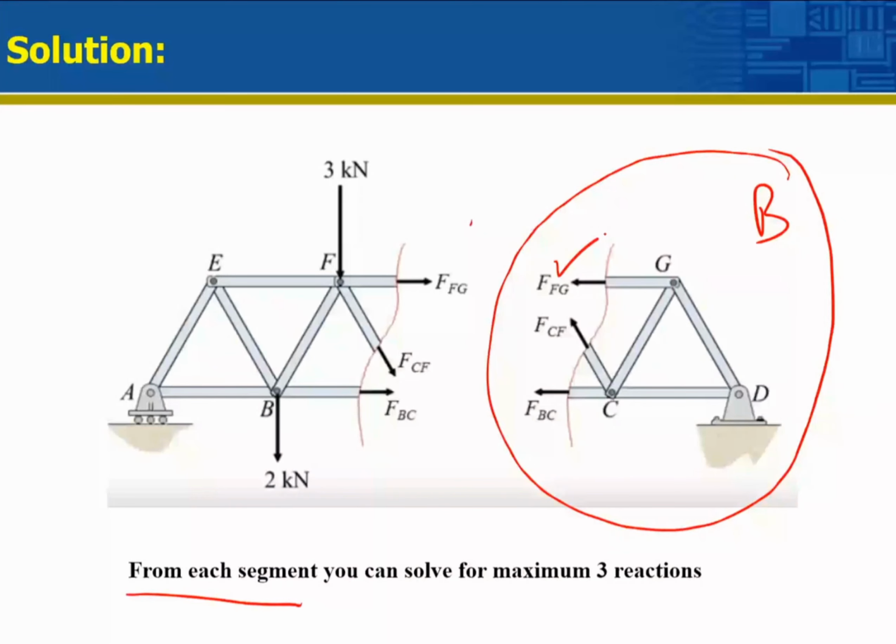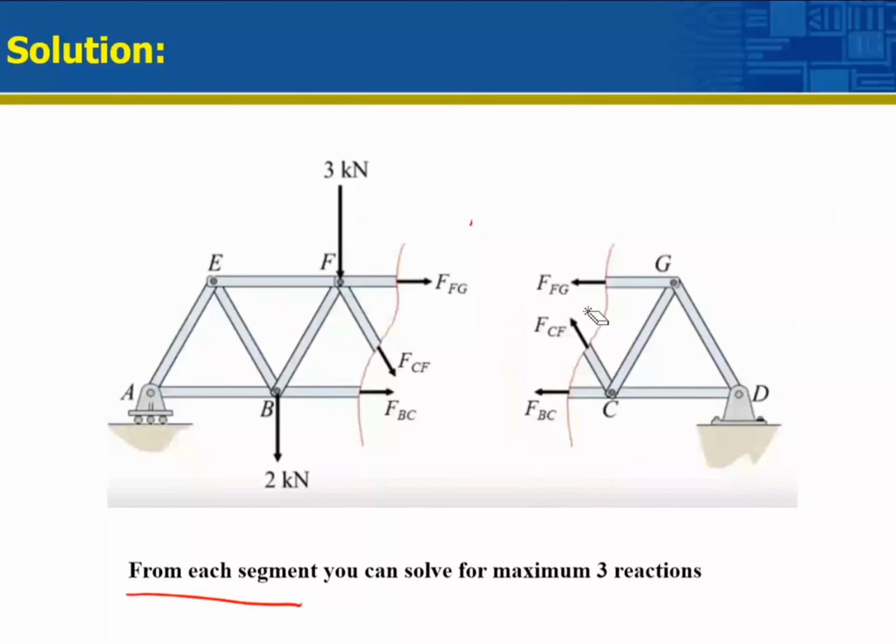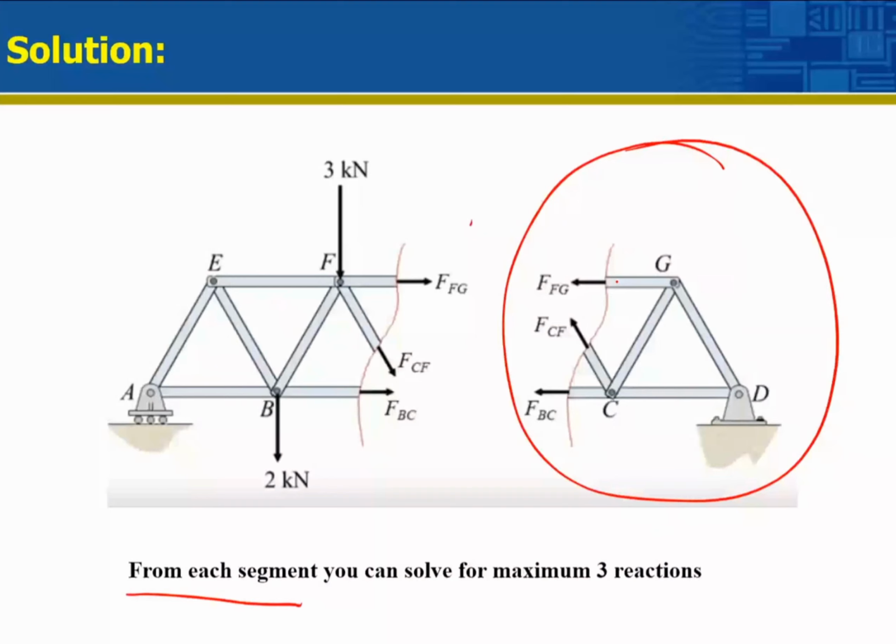Remember one thing. If I have selected this segment, I will draw the free-body diagram of the segment. I'm not going inside the system. Inside the system means I'm not interested in finding the forces in this member, this member, and this member.